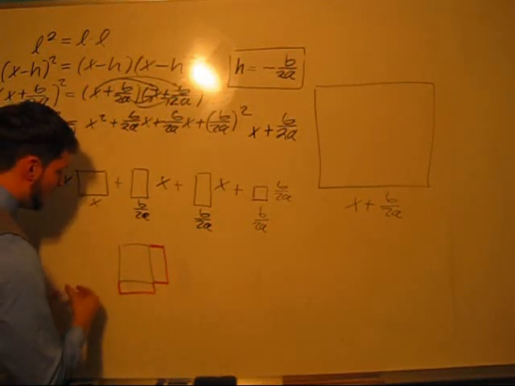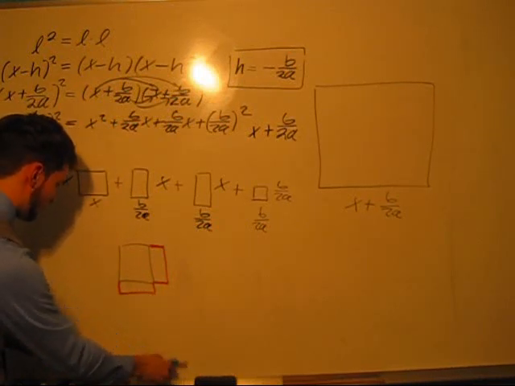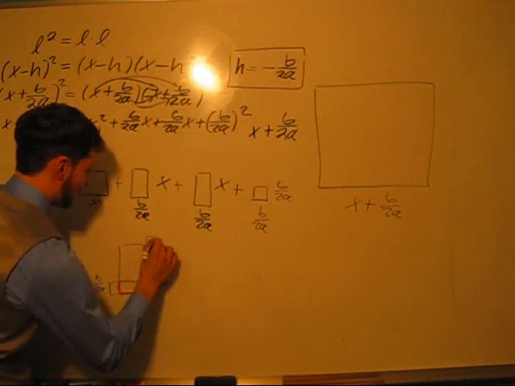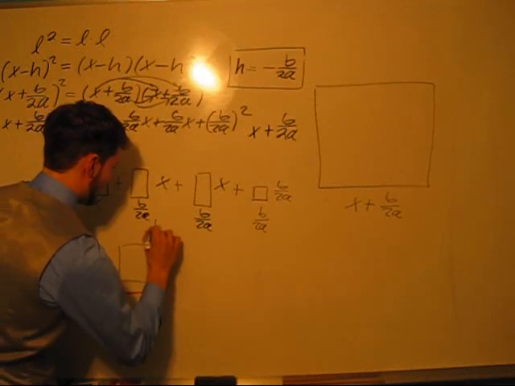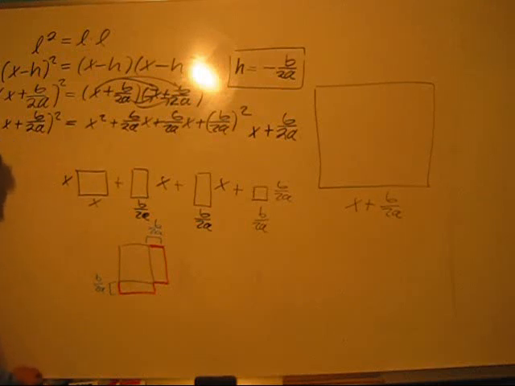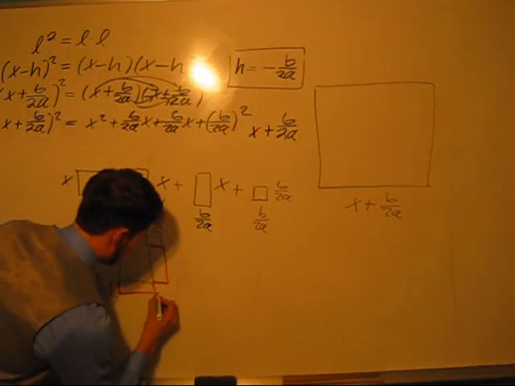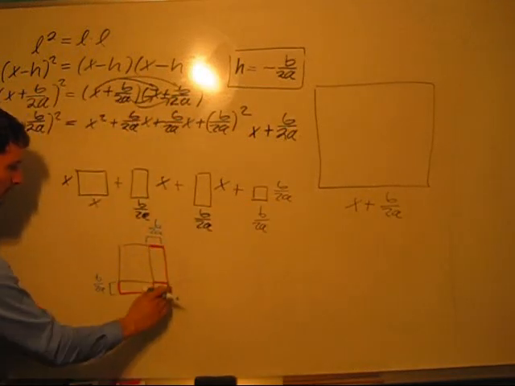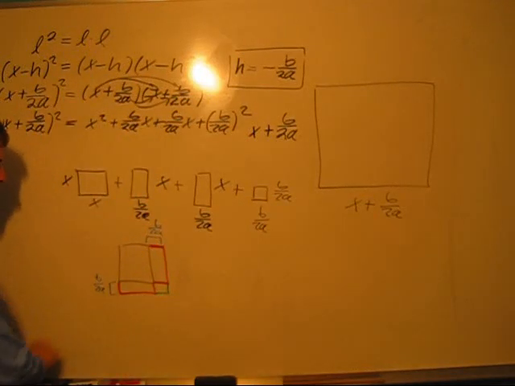Observe that since this is a distance b over 2a, and this also is a distance b divided by 2a, this is b over 2a, and this is b over 2a, which is given by the last piece. And so we put these together, and indeed we see that collectively they form a perfect square.